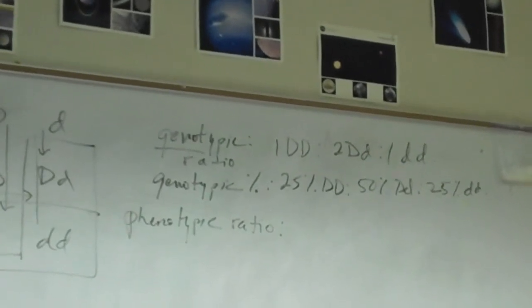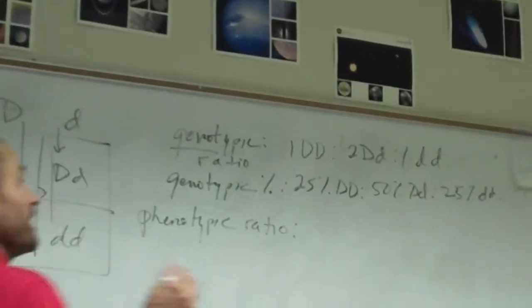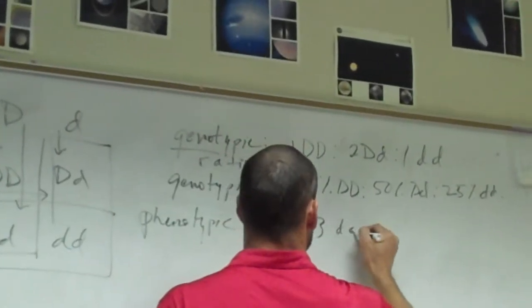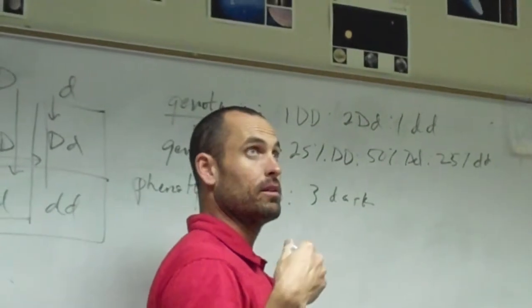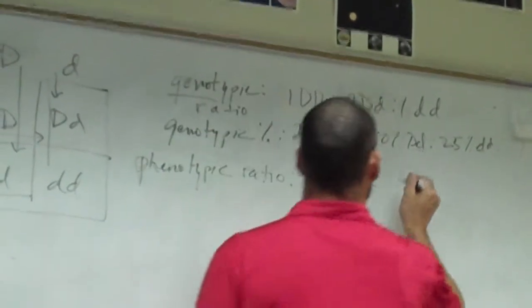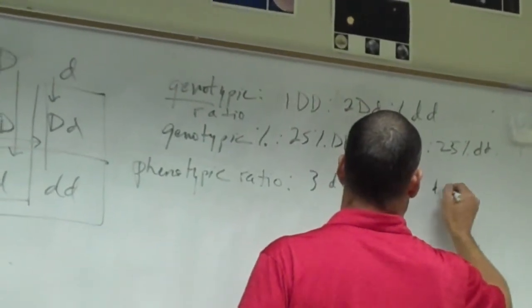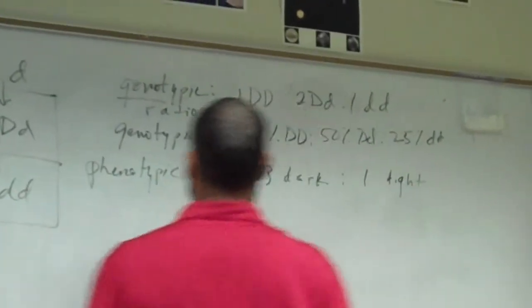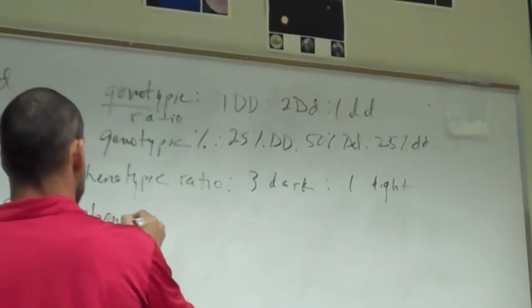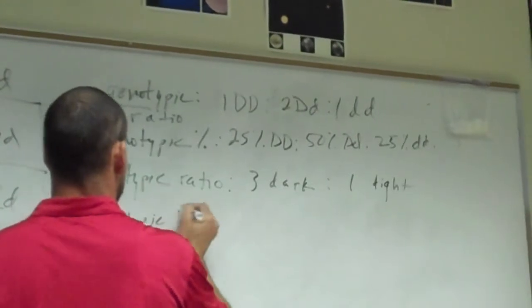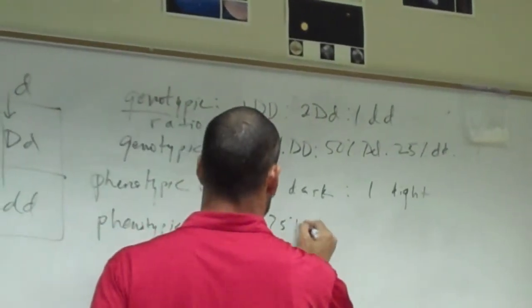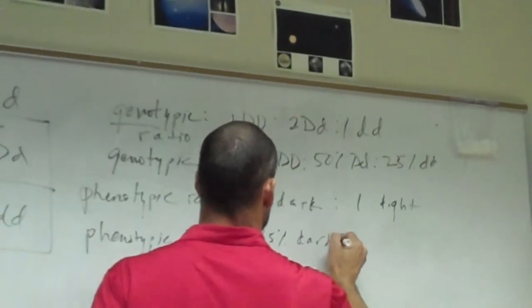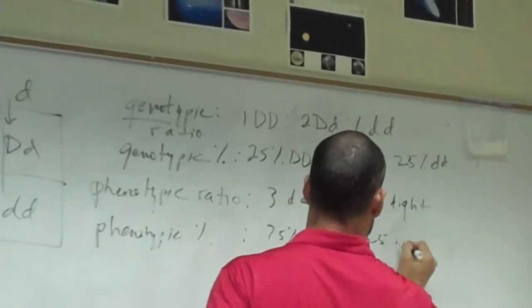Out of the 4, how many? 3. 3 dark, because of the dominant allele over the recessive in the heterozygous form. So 3 dark to 1 light. So my phenotypic percentage is going to be what? 75% dark and 25% light.